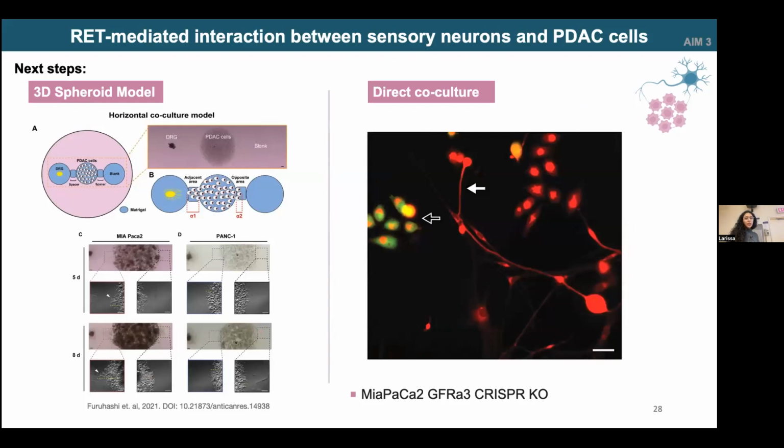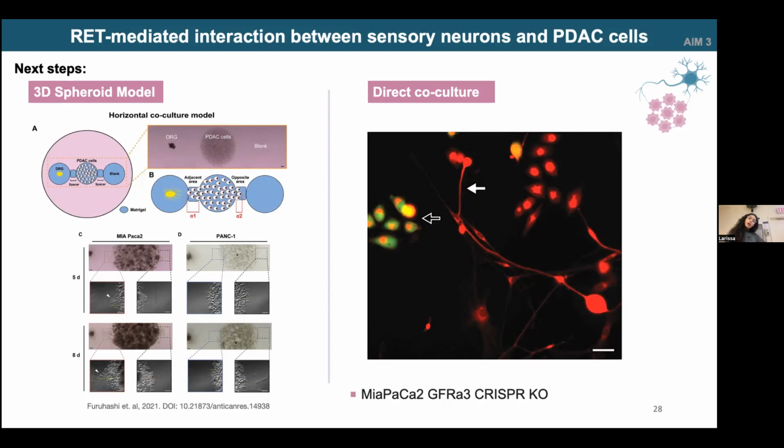After that, in addition to investigating cancer cell migration and invasion, we will perform a direct co-culture assay to assess the invasive capacity of PDAC cells towards the DRG neurons. By culturing PDAC cells and DRG together, we'll be able to quantify the extent of cancer cell migration and also the extension of neurite outgrowth.